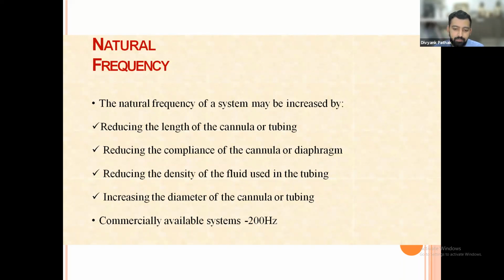Commercially available systems generally have 200 Hertz, so we don't have to worry about that. These are more hard, non-compliant and small diameter, and we generally use them for infusion of drugs. The other pressure monitoring system tubings are different from that.